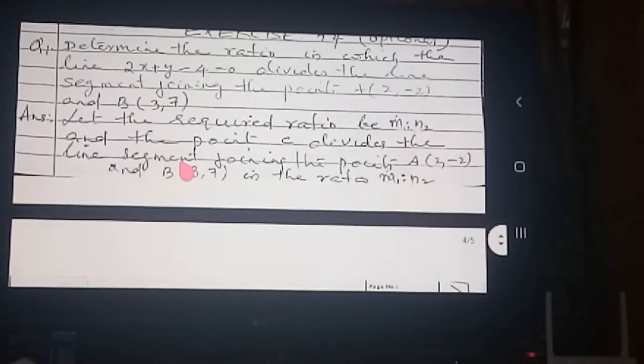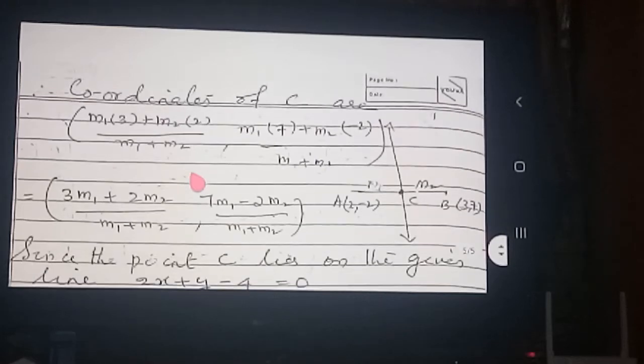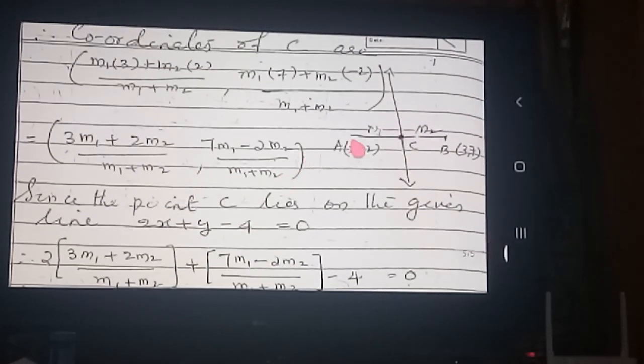This is a very important sum. Here, what are the line segment's points? A 2, minus 2 is given and B 3, 7 is given. This is the line segment joining A and B, which we call line segment AB.